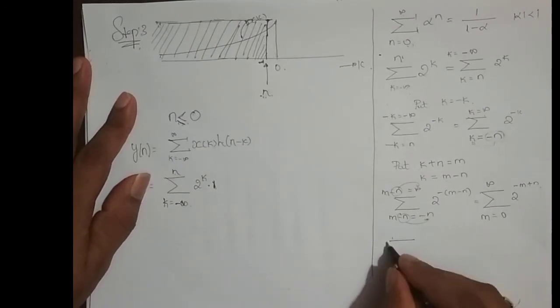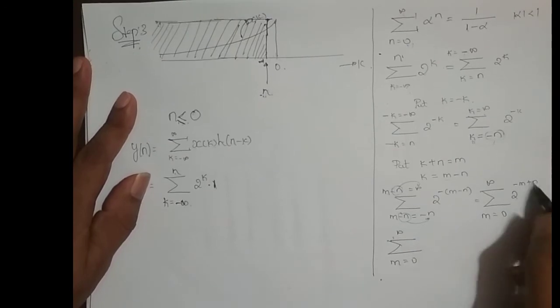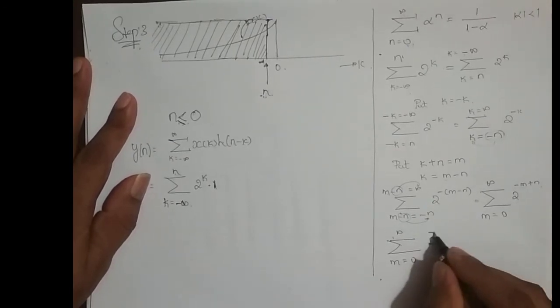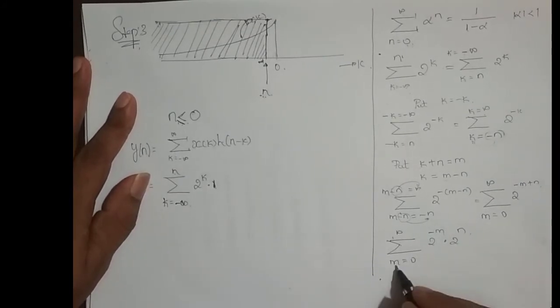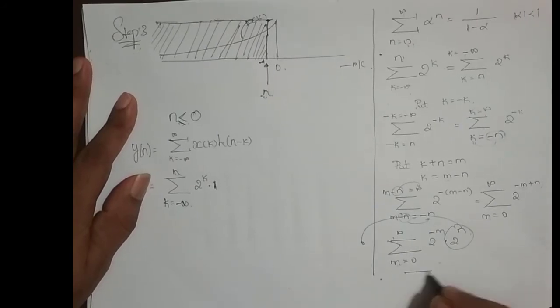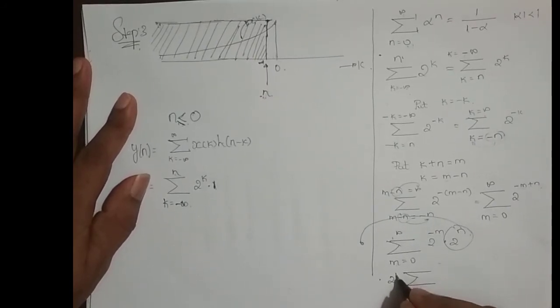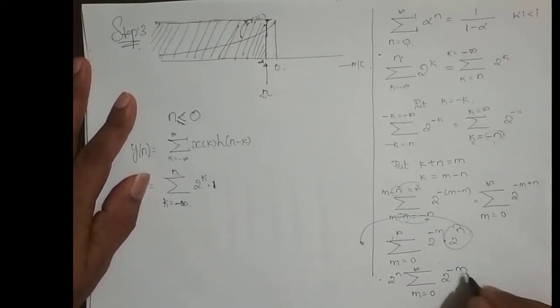Fine. So summation m varying from 0 to infinity, if I split the power 2 power minus m into 2 power n, and 2 power n is independent of m, I can take it outside, right? So this becomes summation 2 power n into summation m varying from 0 to infinity 2 power minus m.